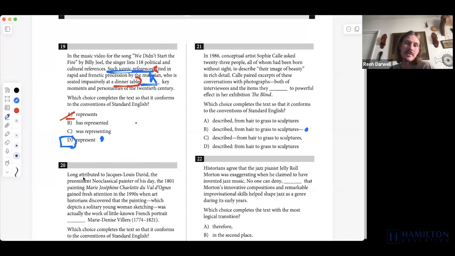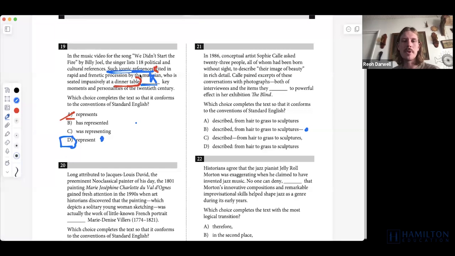Such references. This is something that the SAT does all the time. They put a bunch of information between our subject and our verb, between the noun that we need to conjugate the verb to, in order to confuse us as to what word we actually need to be in relationship with.